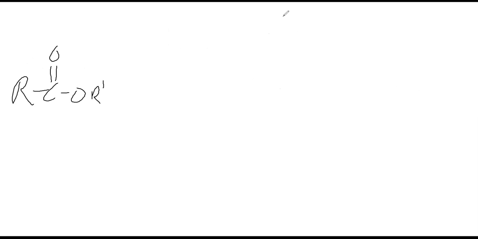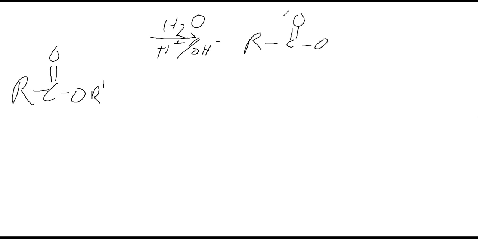Water's gotten into it from the atmosphere. It is now deactivated. So most of these are reversible, but just to save time, I'm going to draw the reversible arrow out. In the presence of water, we form a carboxylic acid and, of course, an alcohol.